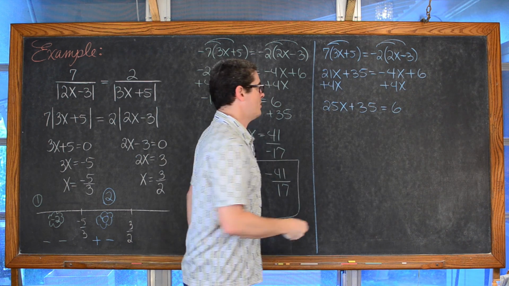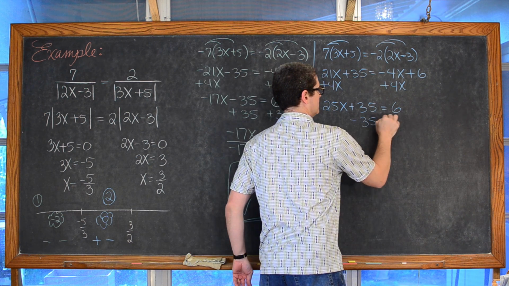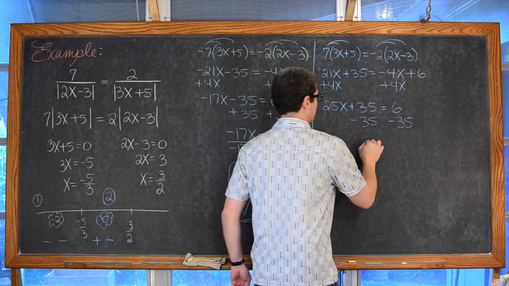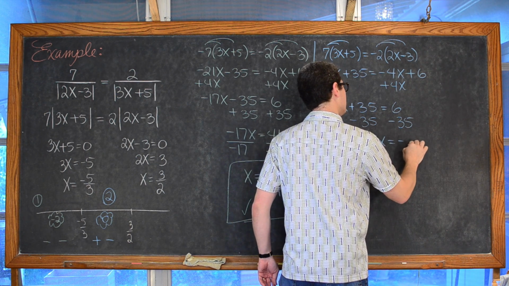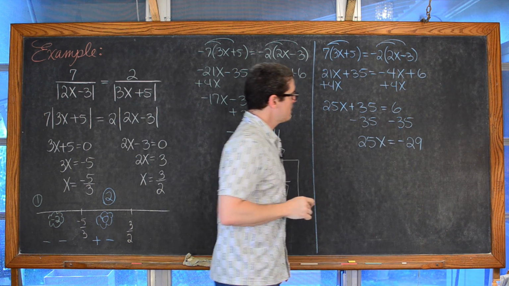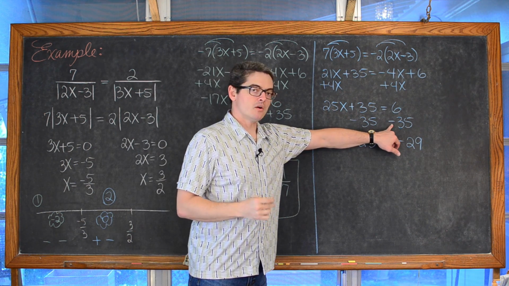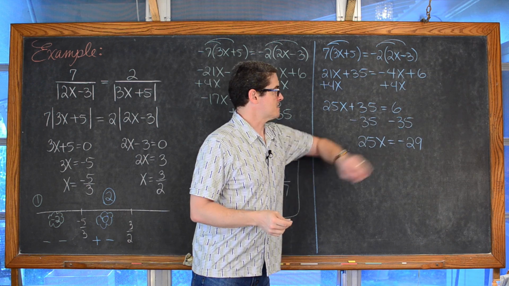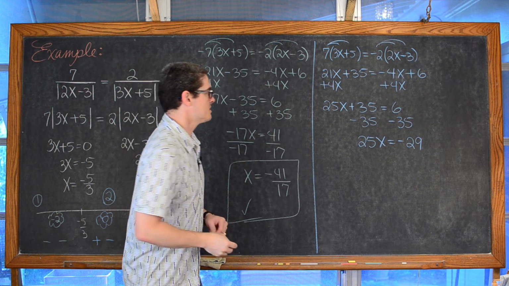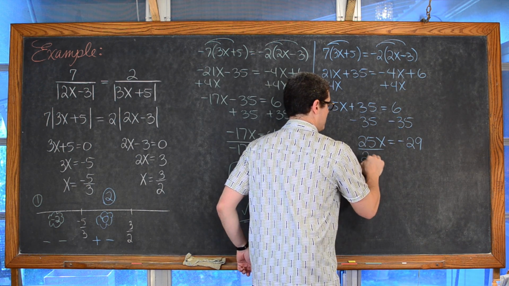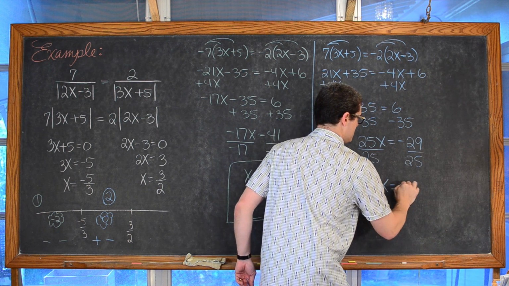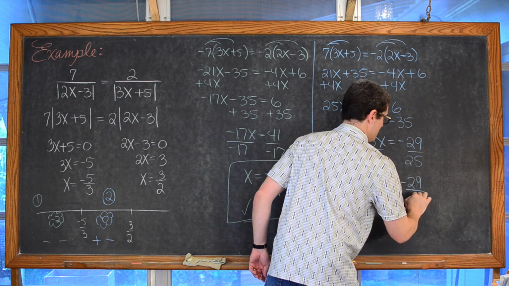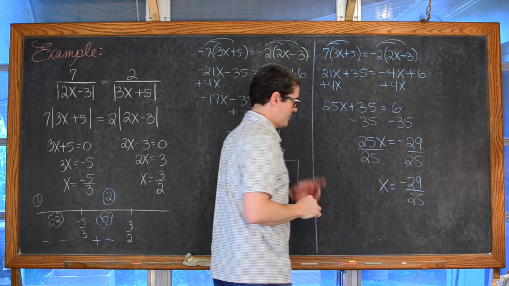Now I'm going to move the 35 over with subtraction, and get 25x is equal to negative 29. Because this is a larger absolute value, so 35 minus 6 is 29, and it's negative, of course. And dividing by 25, we get x is equal to negative 29 over 25.